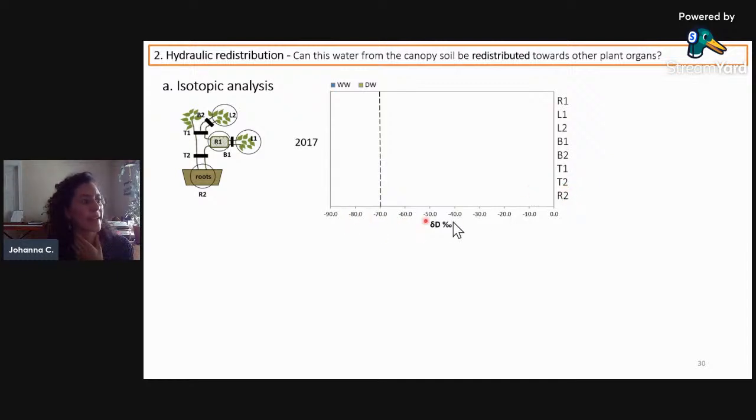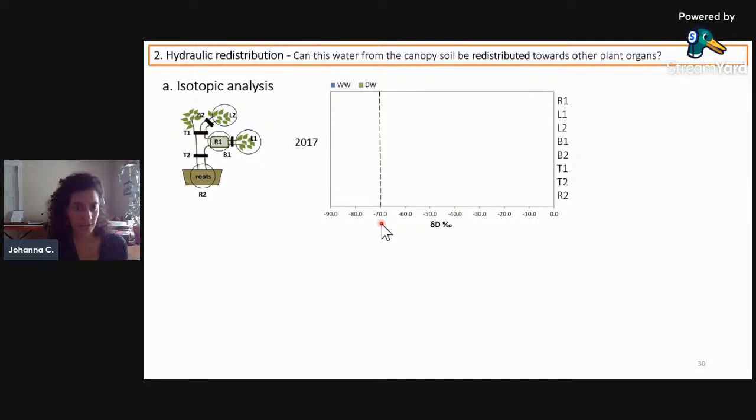On the x-axis, we have delta deuterium per mil. That is the unit for isotopes or heavy water. Each region has its own enrichment of tap water or normal water. Your tap water, or the water that you drink, has a specific value of isotopic enrichment.